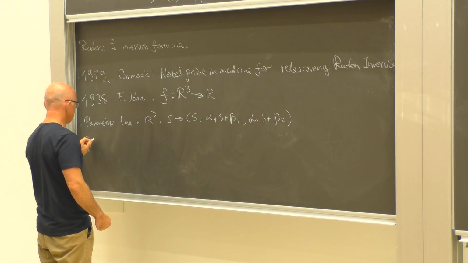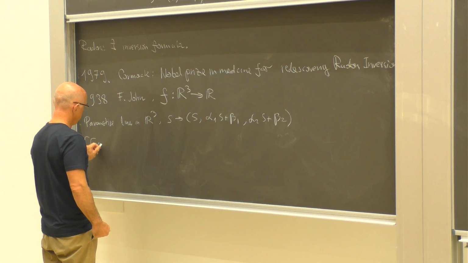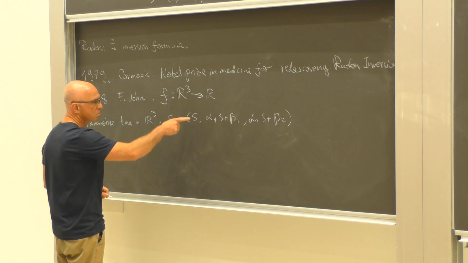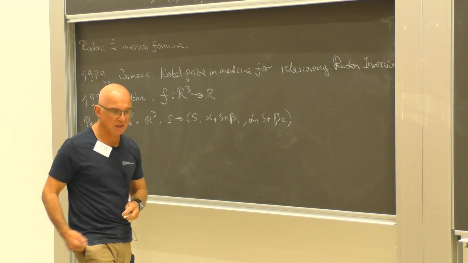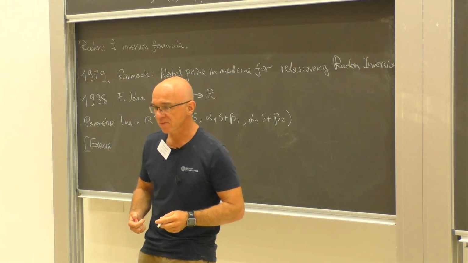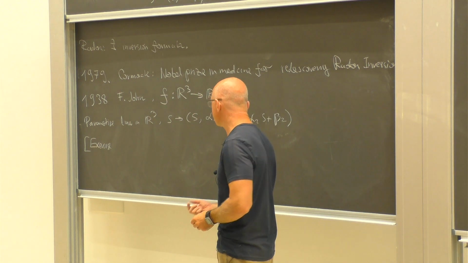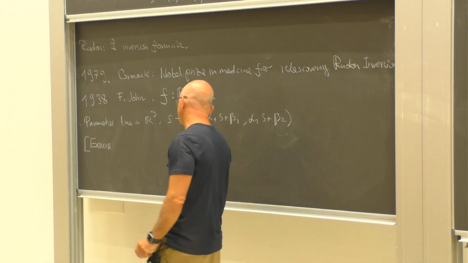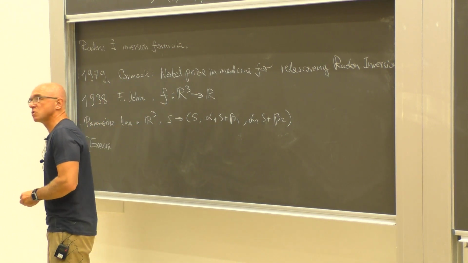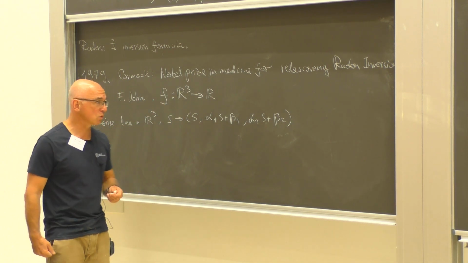One exercise is that if you do this properly, if you look at the space of all oriented lines in R3 without missing any lines, then it's still four-dimensional, but it's not as simple as alpha 1, alpha 2, beta 1, beta 2, but instead it proves to be a tangent bundle to a two-sphere.